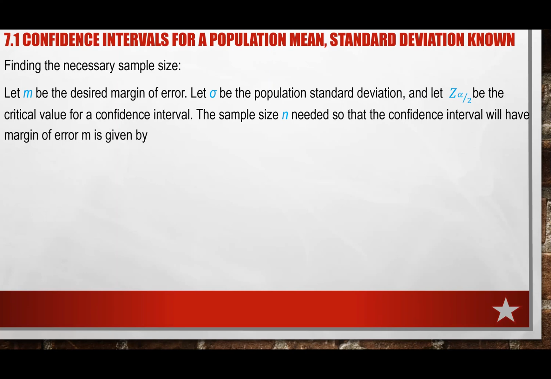So this is basically the backward, which is now, instead of giving you the n, they want you to find the n. How do we find the n? If you do the algebraic formula backward from your margin of error equal to your standard error times the critical value, this is what you get.